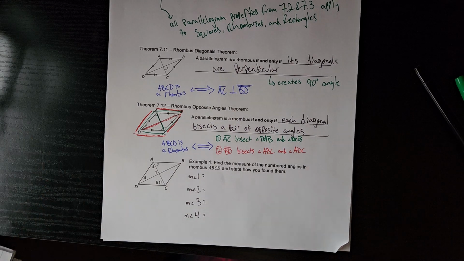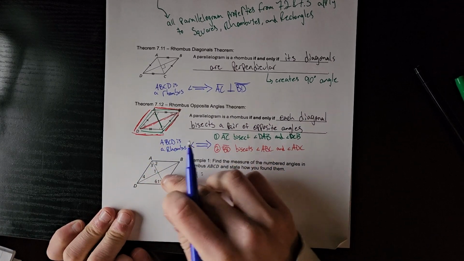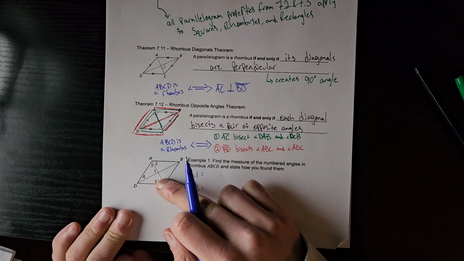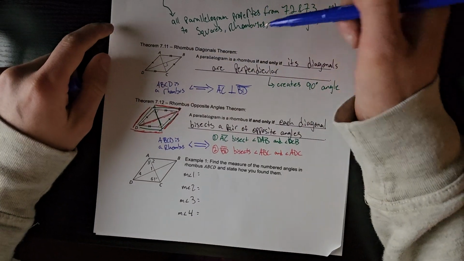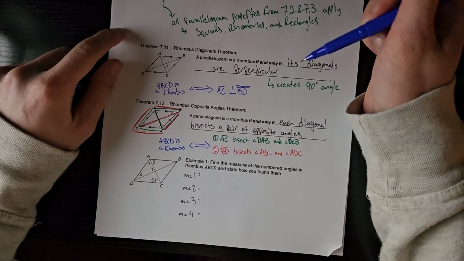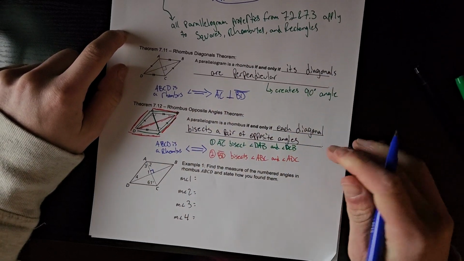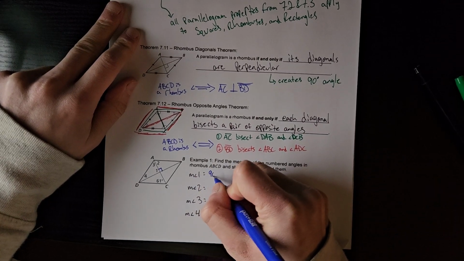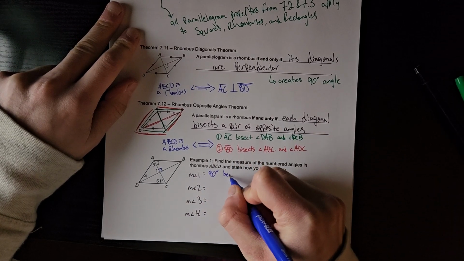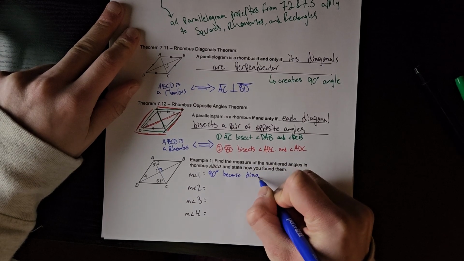So let's work down the page, in order. Angle 1 is in this intersection right here in the cross zone with the diagonals. Using our theorem about rhombus diagonals, the diagonals are going to be perpendicular. So that means that's going to be 90 degrees. So I can say angle 1 is going to be 90 degrees because my diagonals are perpendicular.